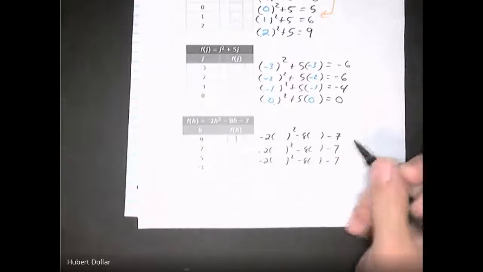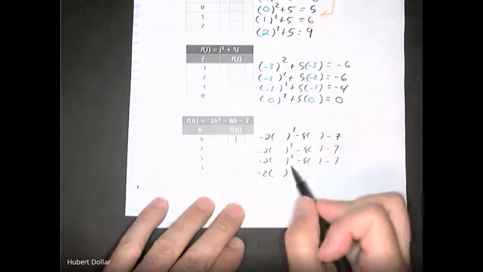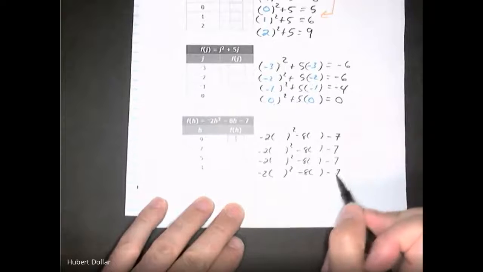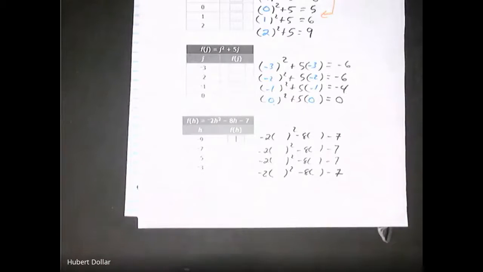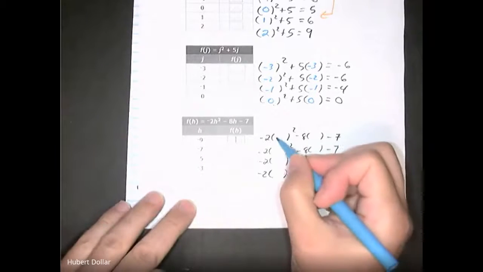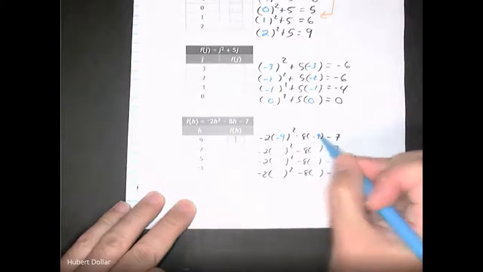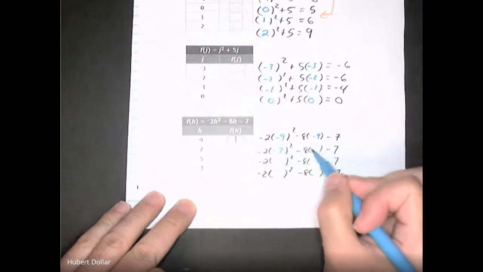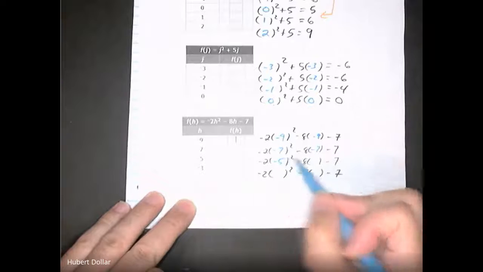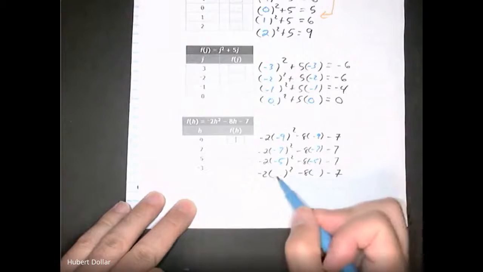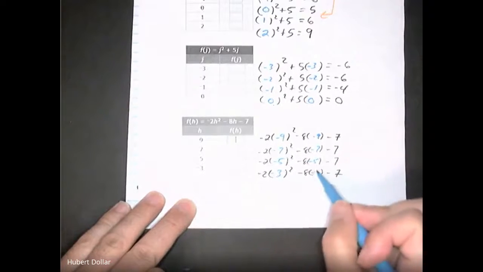We write in the problem so that where there was a variable, there is now a parentheses. Now I'm going to put in a negative 9 for my variable, negative 7 for my variable, negative 5 for my variable, negative 3 for my variable.